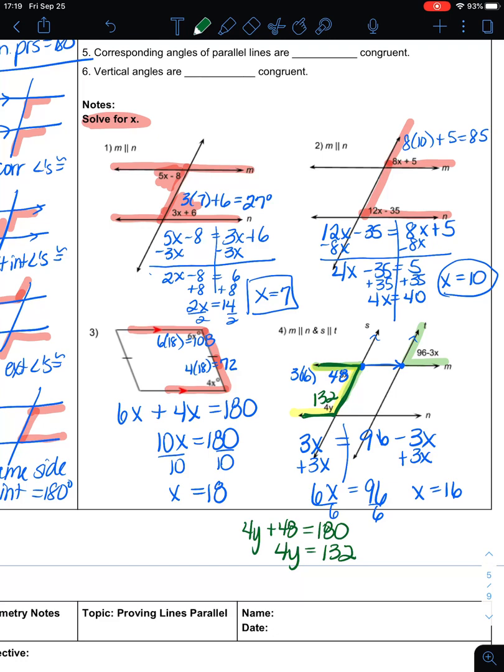So what does 4y have to be to equal 132? Well, notice if you take 180 minus 48, you would have done that for either way that you set up the problem. So 132 divided by 4, you get y is equal to, divided by 4 on both sides, you get that y is equal to 33.